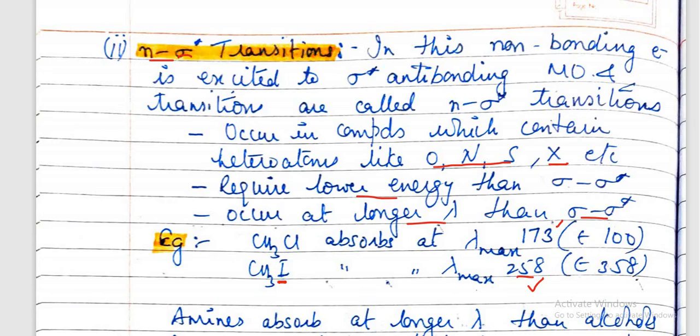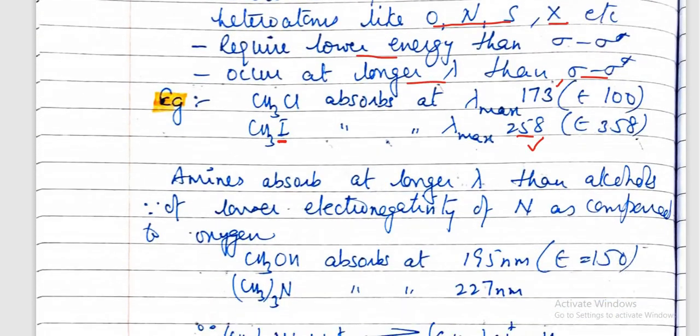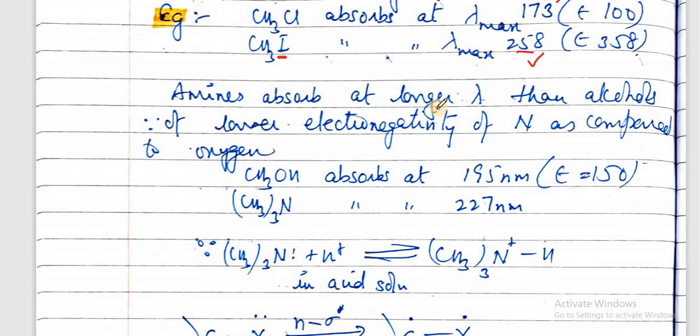Similarly, if we compare amines and alcohols, amines absorb at longer wavelength than alcohols. Oxygen is more electronegative than nitrogen, so its electron will not easily get excited or undergo transition, therefore more energy is required and the wavelength is lower, as energy is inversely proportional to wavelength.